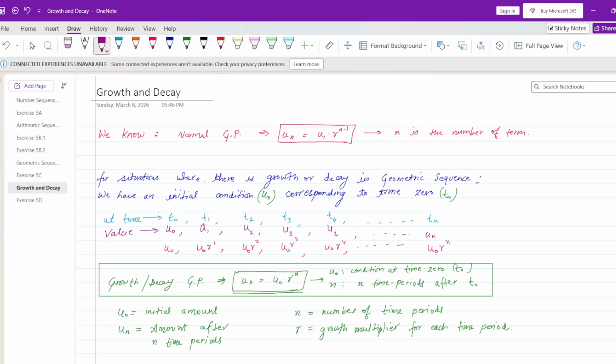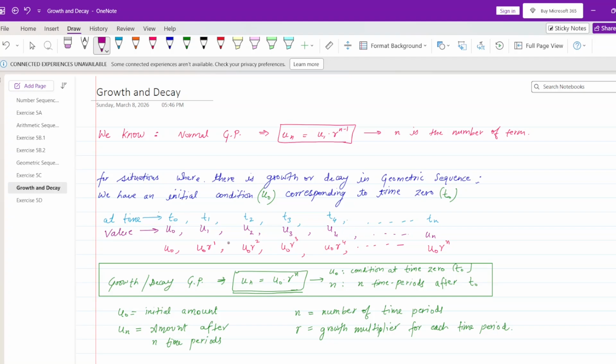So we can write u1 as u0 times r. Similarly, at time t2, the value is u2, and u2 equals u0 r raised to the power 2. At time t3, the value is u3, and u3 equals u0 r raised to the power 3, and so on.